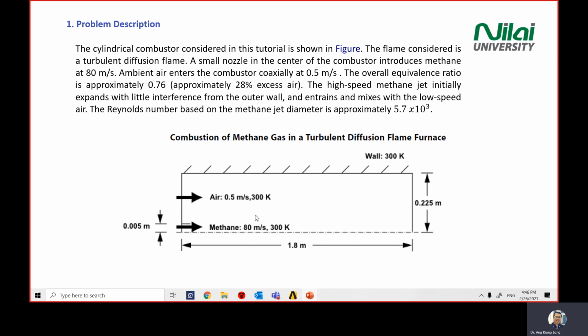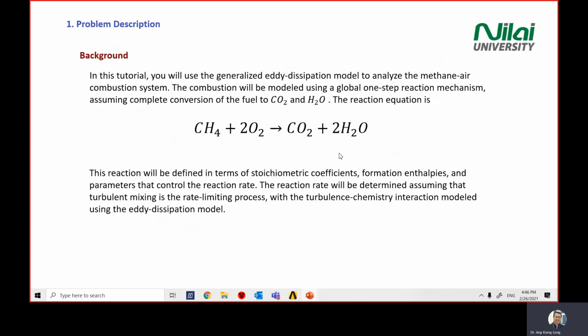So we will use ANSYS to simulate this scenario. We'll see what happens to the combustion process of CH4 in the air, and then we'll see the chemical process. What are the species of chemicals that will be generated in this combustion process? So this is the chemical reaction that we'll use in our simulation. In our inlet, we have two inlets.